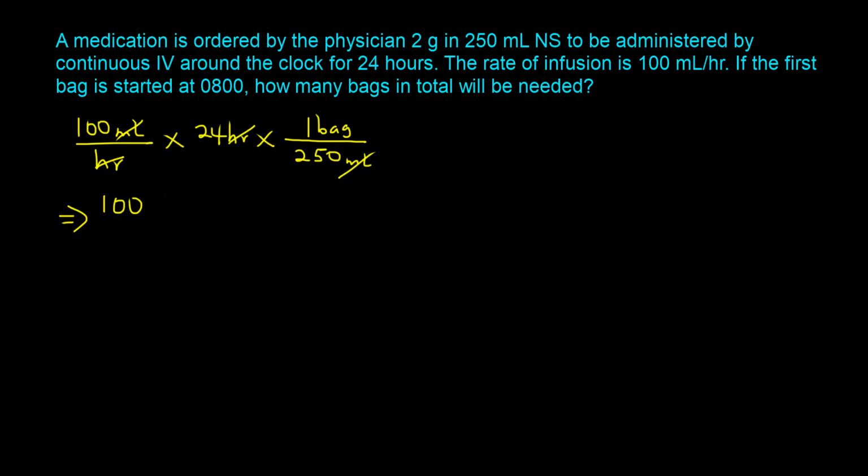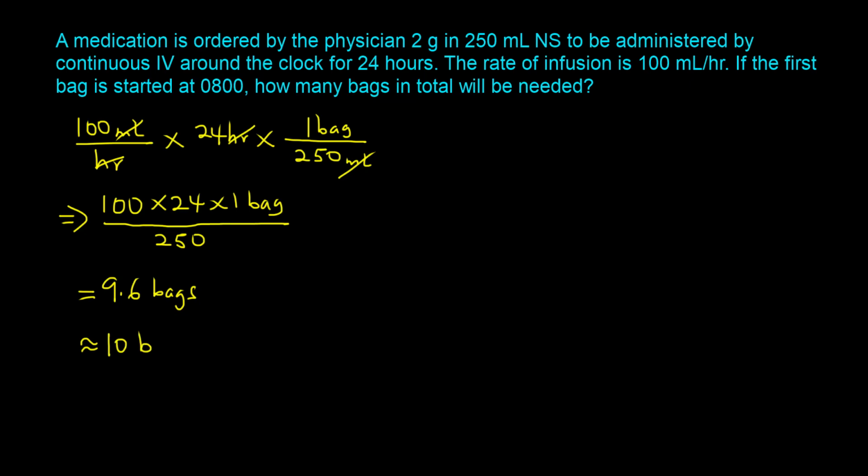So we have 100 times 24 times 1 bag, and divide that by all the terms in the denominator, so divided by 250. So this will be equal to 9.6 bags, which is approximately 10 bags.